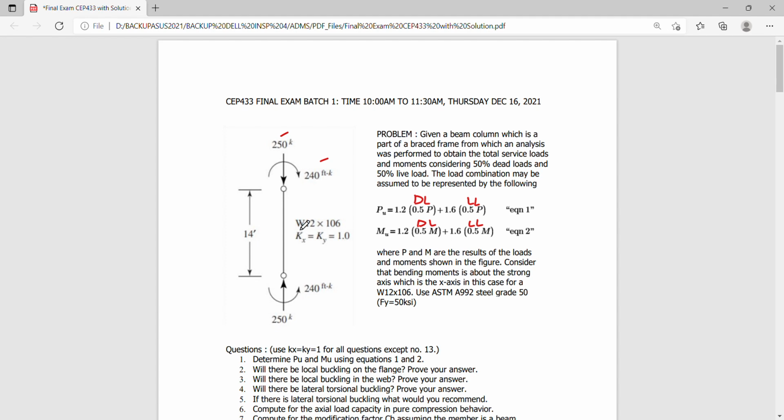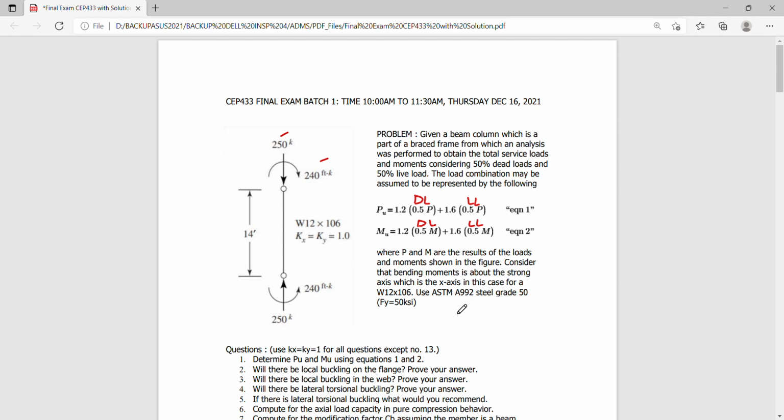So the column members are W12 by 106 with a length of 14 feet, and the effective length factor K for both end restraint considerations is equal to 1.0.